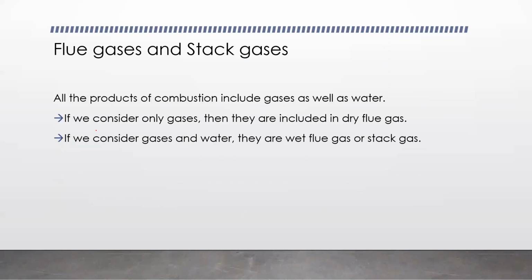All right. And after that, we discussed flue gases and stack gases, where we discussed that flue gases are the products of combustion. Dry flue gases are products of combustion without considering water. And wet flue gases or stack gases are all the products of combustion, including water, right?